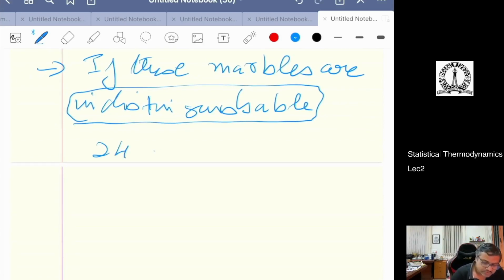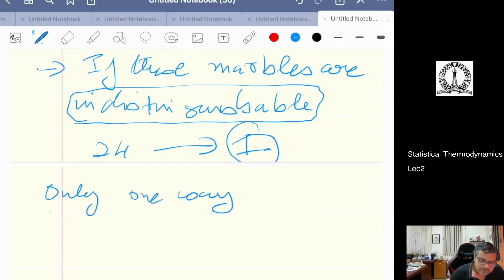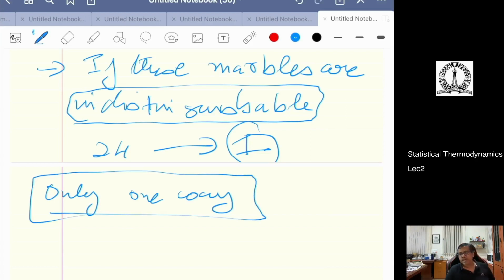So from 24 it just goes to 1. Okay, there is only one way, because these marbles are now indistinguishable in nature.